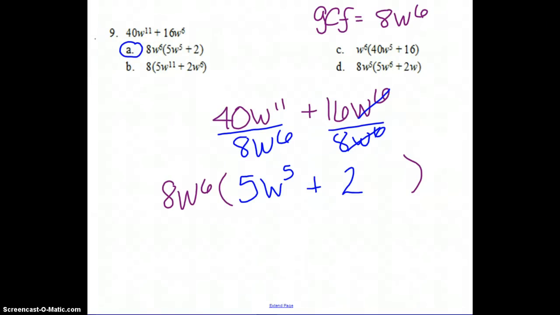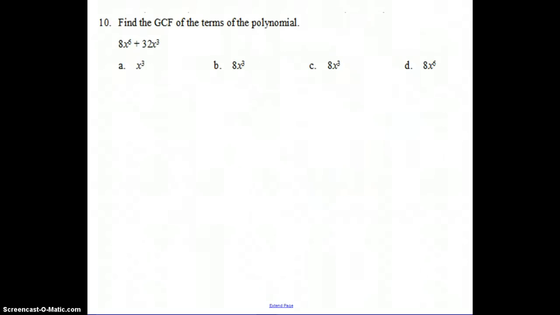See if we can fit one more in there. On number 10, it says find the greatest common factor of the terms of the polynomial. So I have 8 x to the 6th plus 32 x to the 3rd. So first of all, if I was trying to find my greatest common factor, the biggest number that goes into both 8 and 32 would be 8 itself.